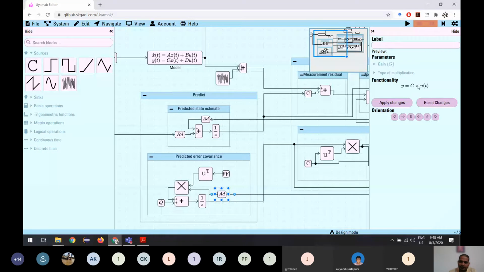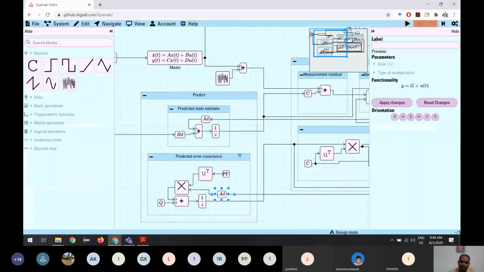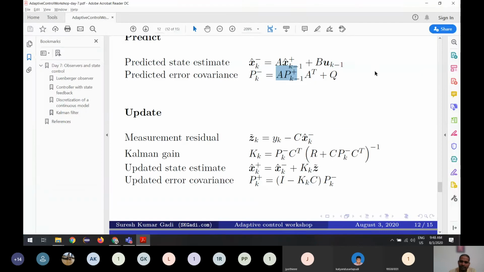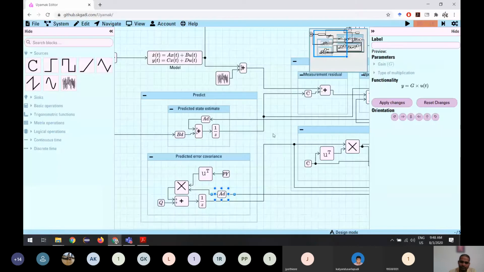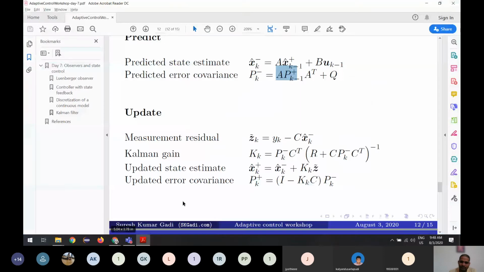So first A is multiplied, then the signal. So we're getting A times this one. Then we have to multiply with A transpose. So we have A, we're putting it as transpose and multiplying it. We do the multiplication of these two, and then we feed this to this summation. This is the first term.